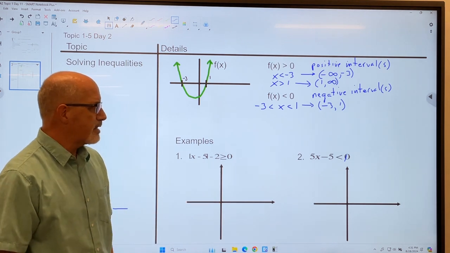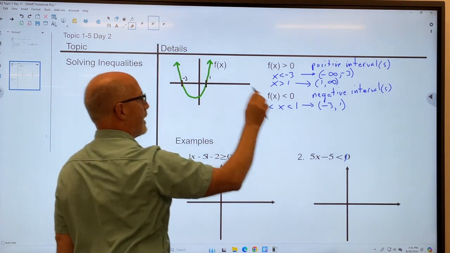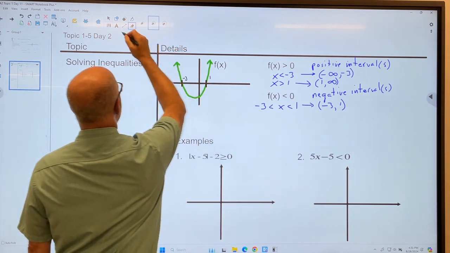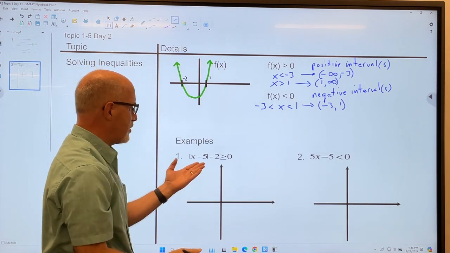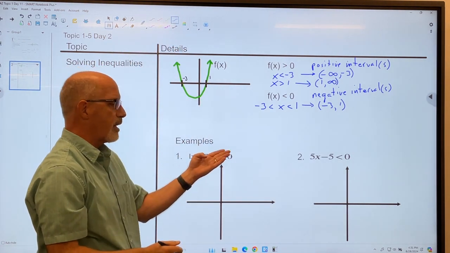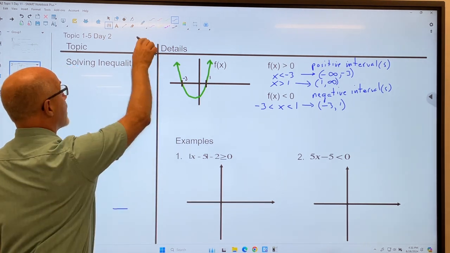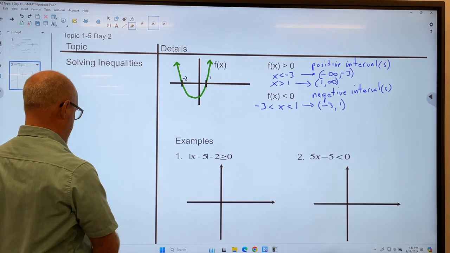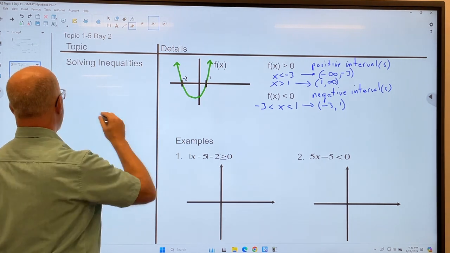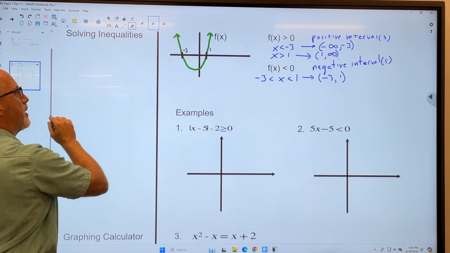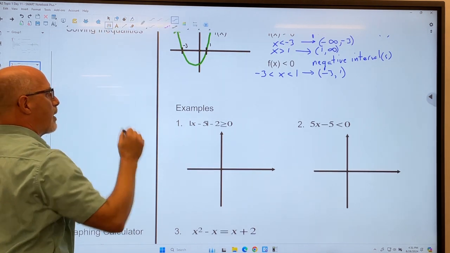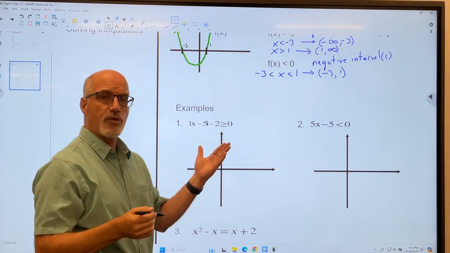All right, so let's use this as an example here. We're going to go ahead and talk about these graphs. Notice I've got an absolute value greater than or equal to 0. So what I want to do here is go ahead and graph this. To graph it, I'm going to use my translations.